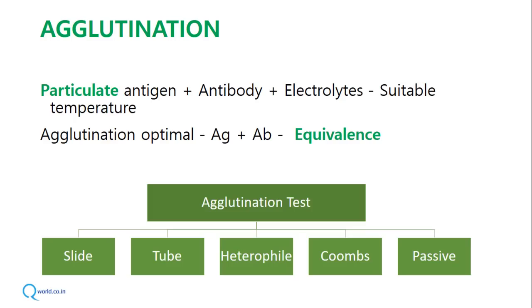So again, the mechanism of action, or theory behind this, is the same. It is the Lattice hypothesis. Optimal agglutination is seen when antigen and antibody are in the zone of equivalence.